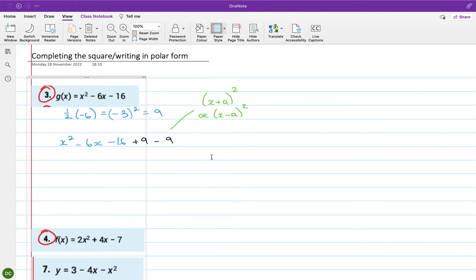Just to be clear, if you have something like x plus 2 squared, that would be x plus 2, x plus 2. That would be x times x plus 2, plus 2 times x plus 2, which is x squared plus 2x plus 2x plus 4, which is x squared plus 4x plus 4.